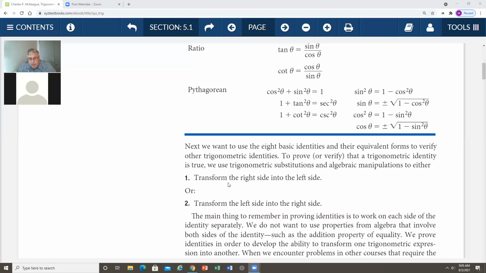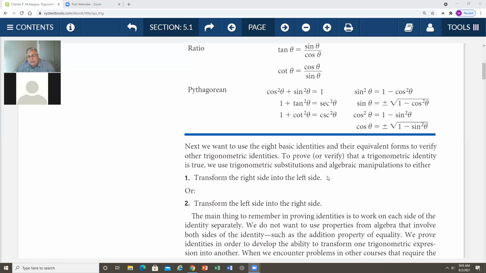Normally, we work with only one side, and we show that that one side simplifies down to being exactly the other side. Now, whether you choose to work with the right side or the left side is entirely up to you. Generally speaking, the rule of thumb is you choose the side which looks more complicated. That's the side that you normally try to show is equal to the other side.